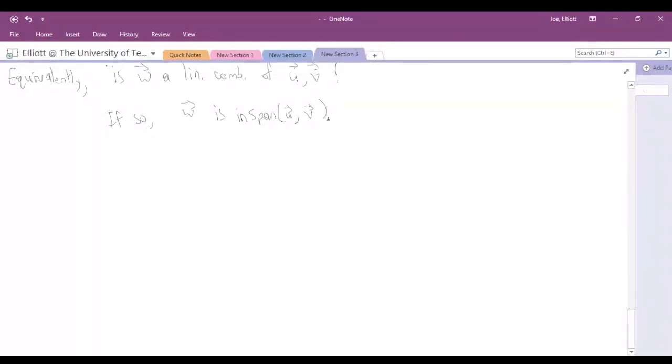All right, so to determine that, what we can do is take the vector W. I think it was the vector (2, -1, 3).